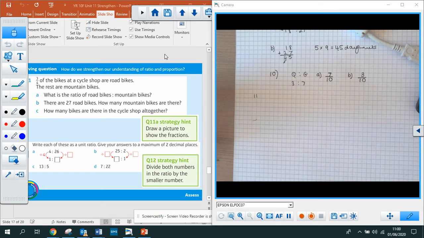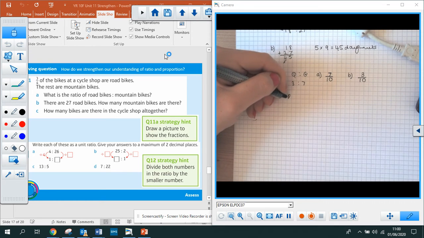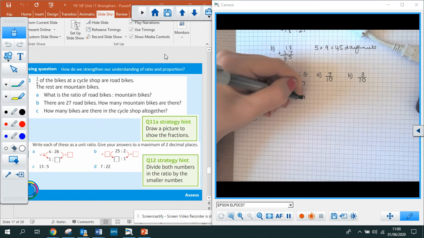Okay, so question 11 says 3/4 of the bikes at a cycle shop are road bikes, the rest are mountain bikes. So we're going to be looking for a ratio. What is the ratio of road bikes to mountain bikes? So we're doing road to mountain.